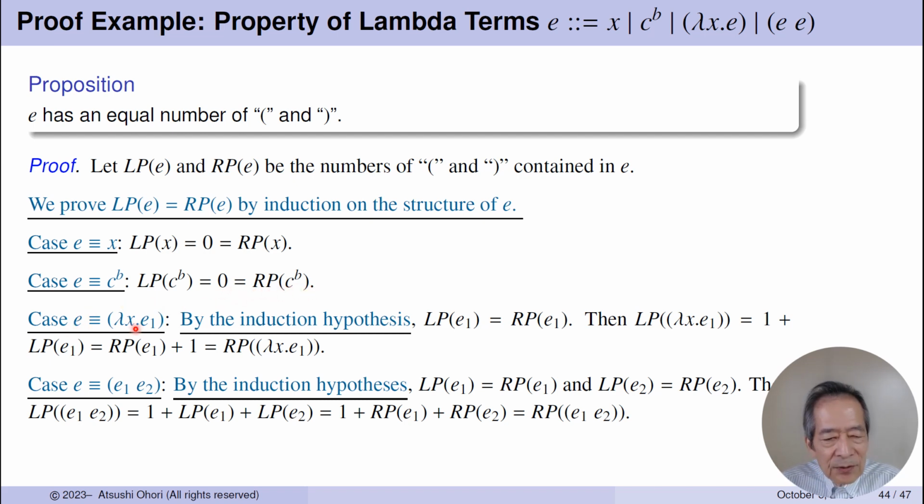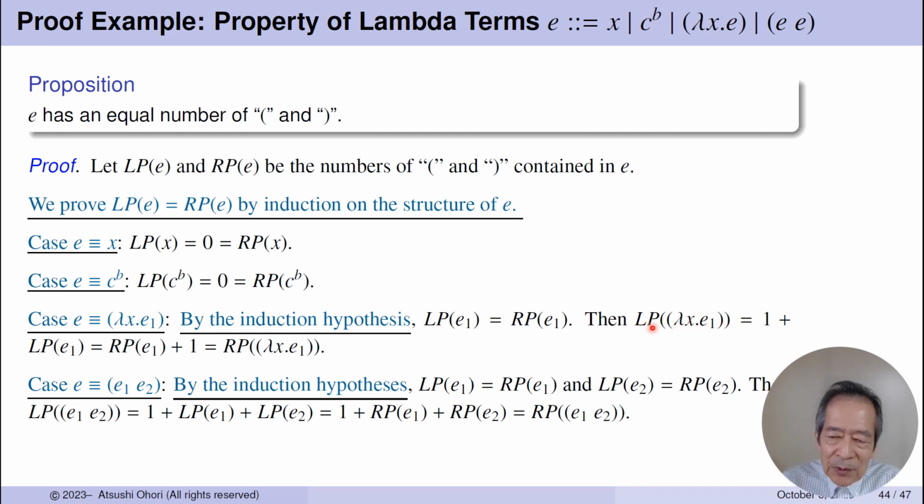And then the case for this component, a lambda term containing this E1 inside. For this, by the induction hypothesis, you write down the proposition you are proving for this component E1, that is LP(E1) equals RP(E1). Using this assumption, you show the desired property by calculation.